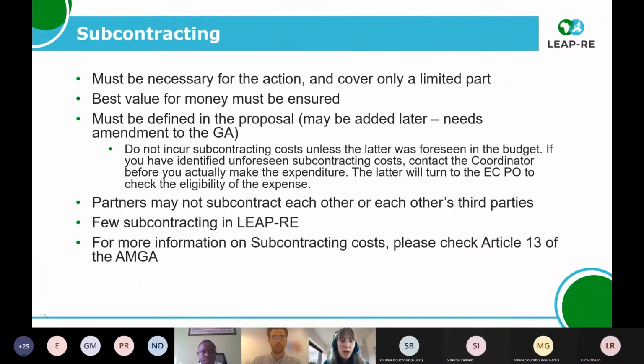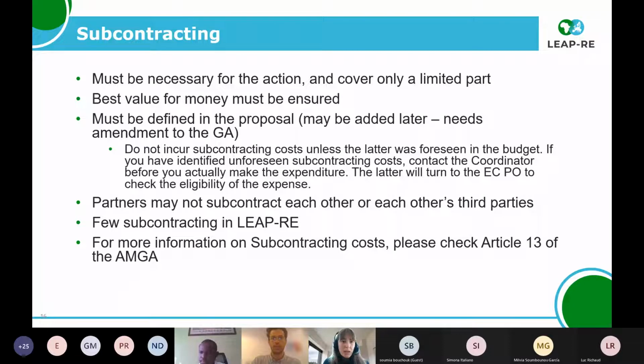Subcontracting. If you have subcontracting costs foreseen in your budget, please be careful when you use them, because there are very specific rules attached to this cost. So I strongly invite you to read Article 15 of the grant agreement, because here you have detailed all the specific rules attached to them.